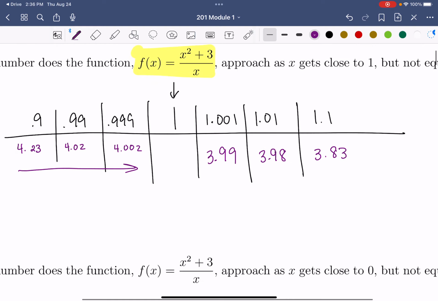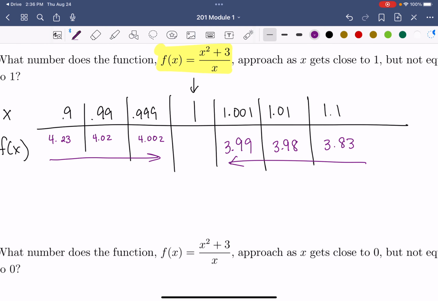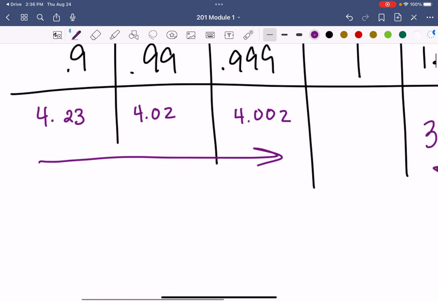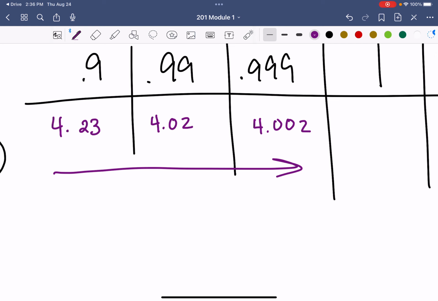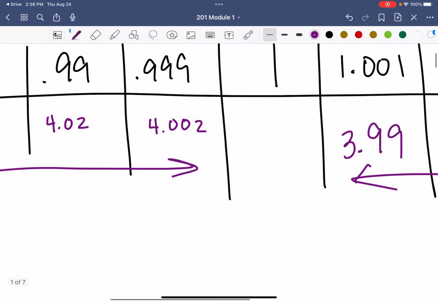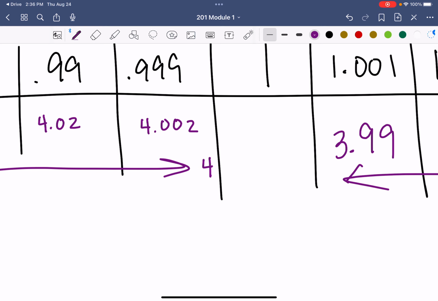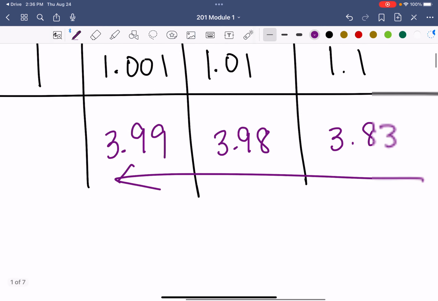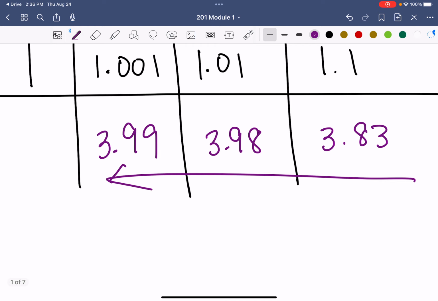Okay, now we look for patterns. What's happening? On the left-hand side, we're going from 4.23 to 4.02 to 4.002. And so what's happening is my decimal after the 4 is getting smaller and smaller. So I'm approaching 4 here. From the right, when I go from 3.83, 3.98, 3.99, again, I'm approaching 4.